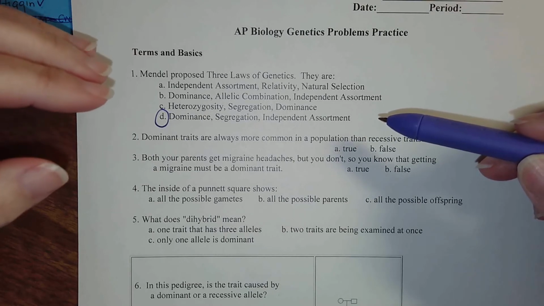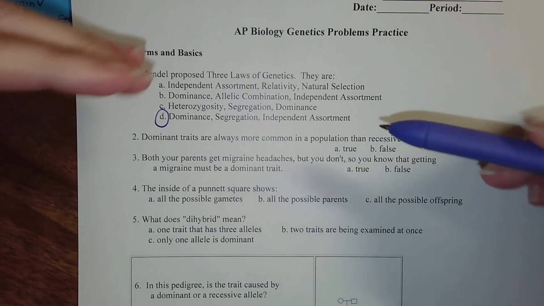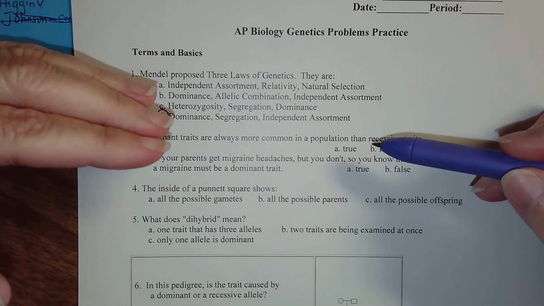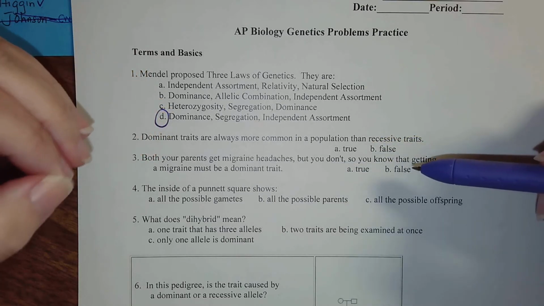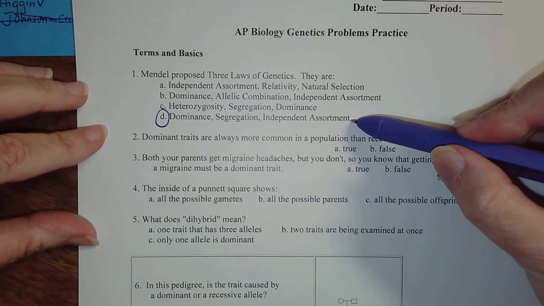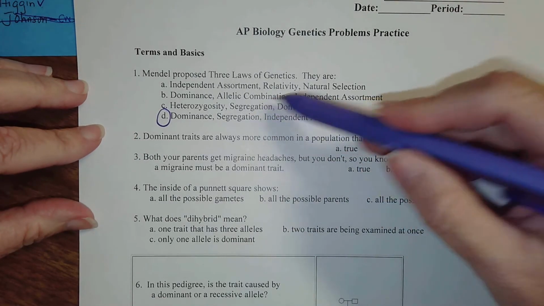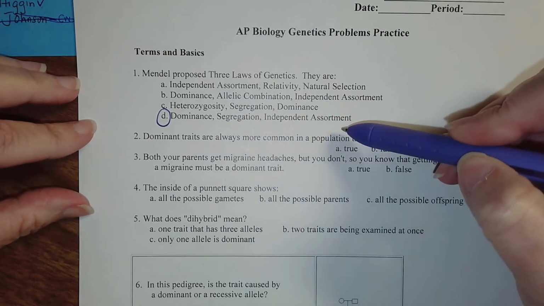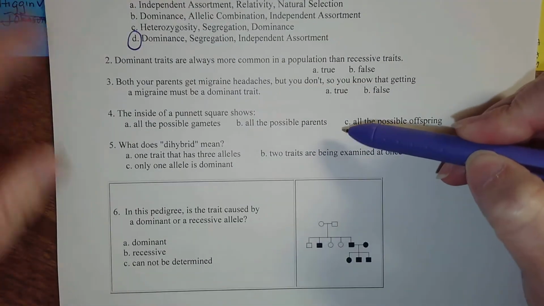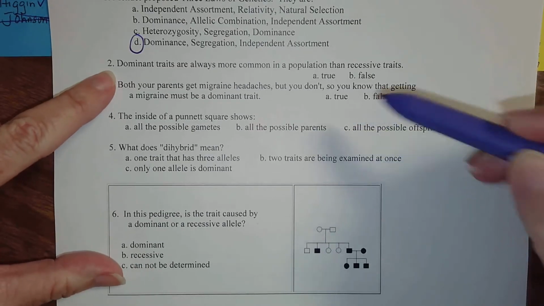Segregation describes how genetically, when the parent alleles kind of come together, they separate independently of one another. We'll talk about that with meiosis. Independent assortment is part of segregation. We'll talk about that later with meiosis. So if that's one that you weren't sure of, just hold off on that. We'll get to meiosis later.